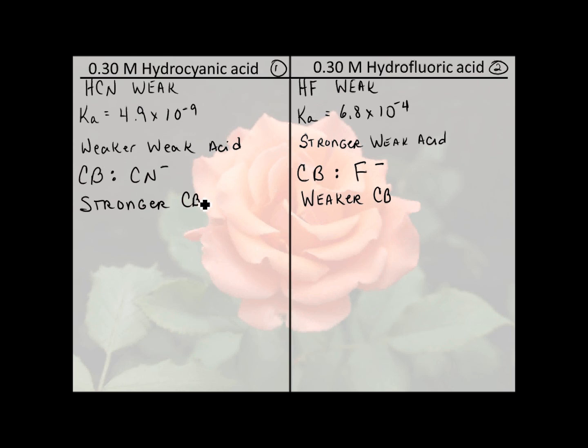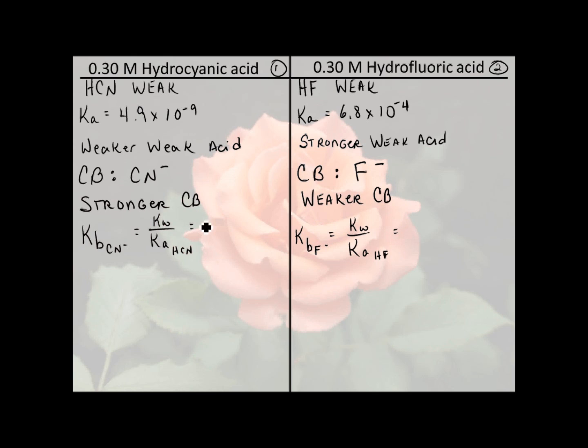All right, so while we're still working with the conjugates, let's calculate mathematically the Kb of the cyanide ion and the Kb of the fluoride ion. Calculate the Kb the same way, Kw over the Ka of the HCN, Kw over the Ka of the HF.